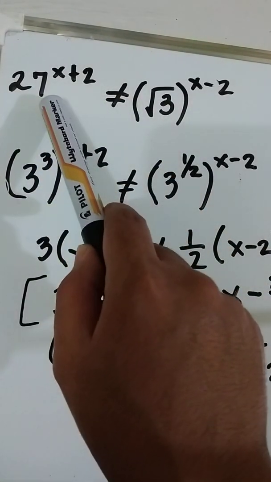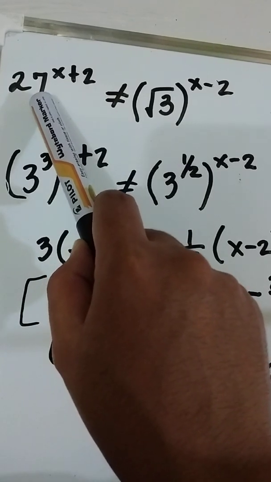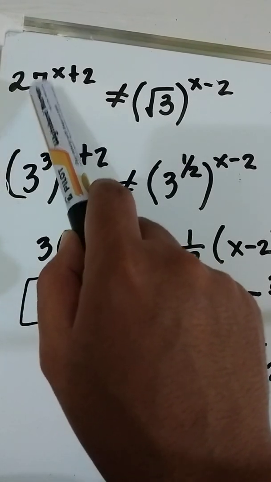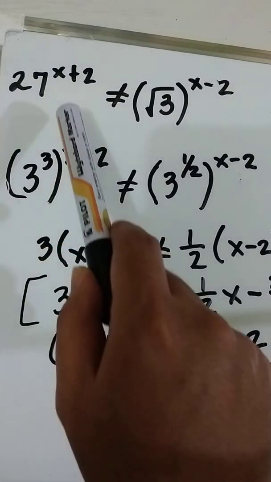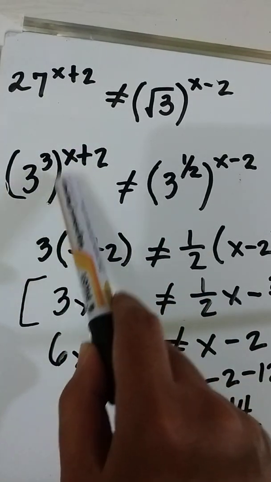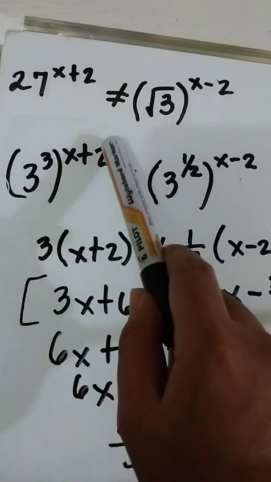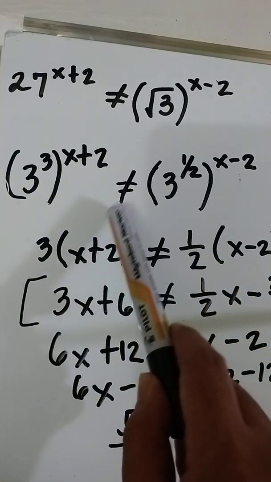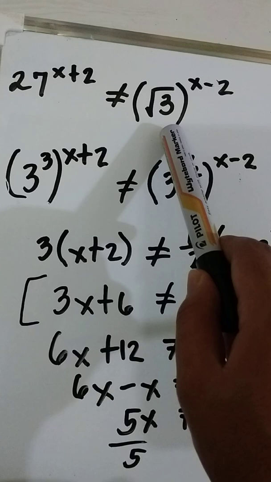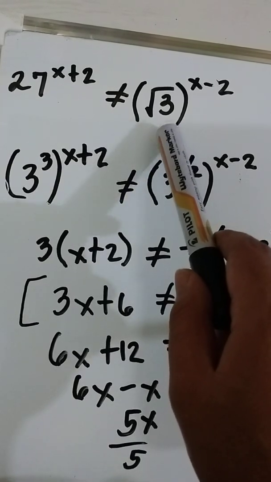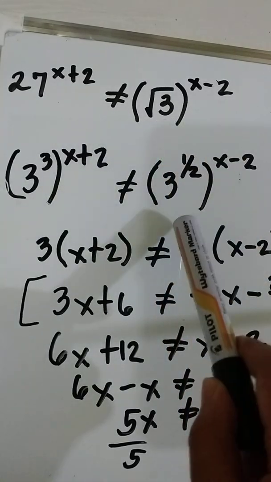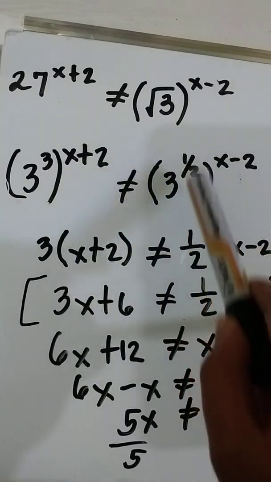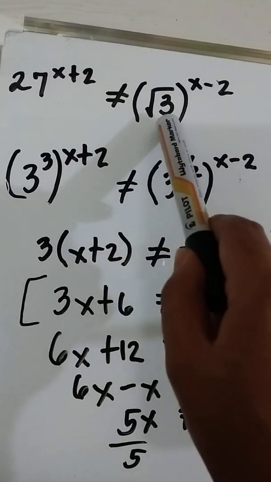So, 27, when we change it to the base 3, it will become 3 cubed, then with its exponent, x plus 2. Then, not equal. So, square root of 3, when we convert it to fractional exponent, it will become 3 raised to 1 half. 3 is the radicand.